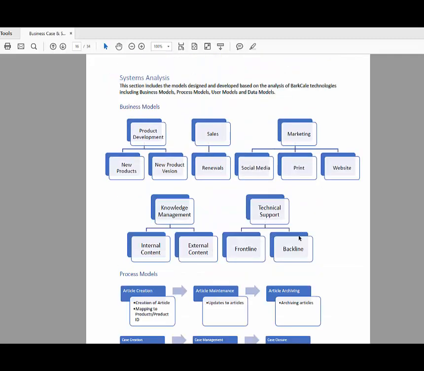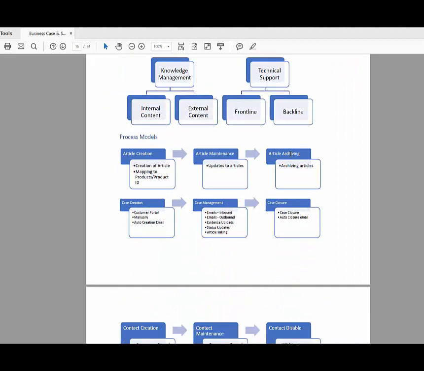Some of the models we did use in here, though, are business models, where the business model that we put together was essentially just analyzing what does the business look like, what are the different areas, and what do they do, just to get a bigger picture of the entire company in totality to make sure, again, that we weren't missing anything for our CRM software solution development.